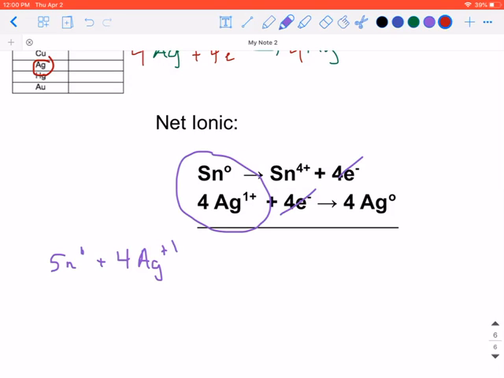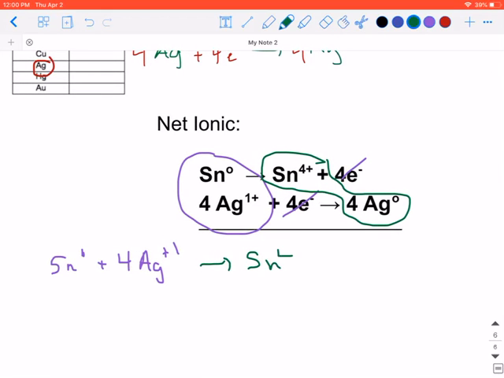And then I am left with these as my products: Sn with a +4 charge plus 4 neutral silver atoms. Okay, so that's the net ionic equation there.